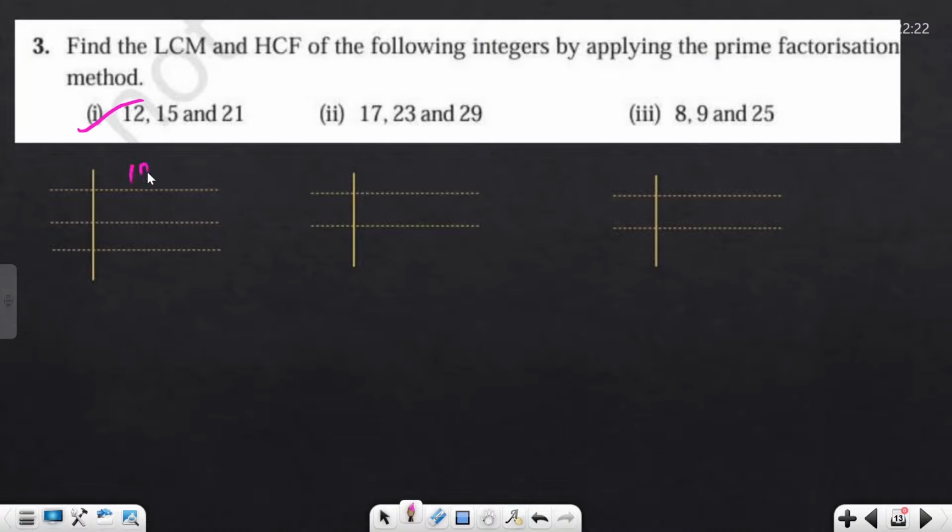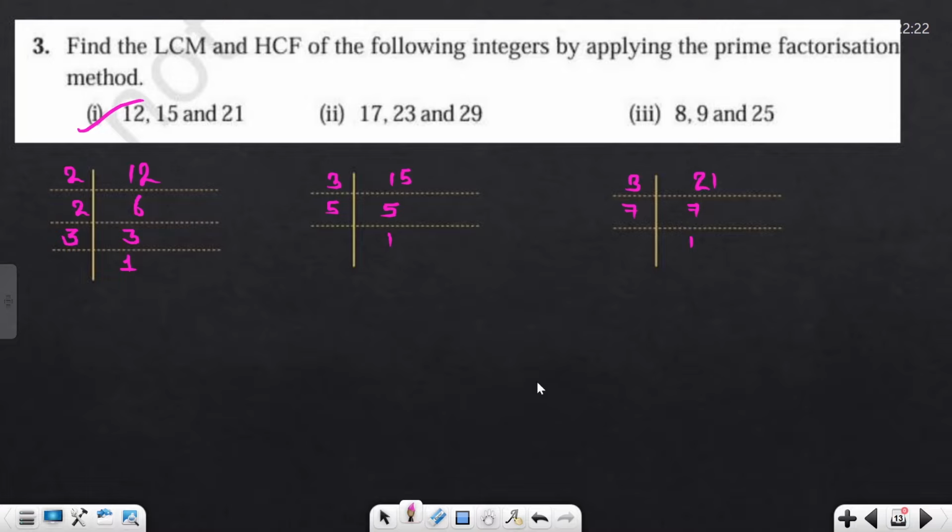First number is 12, second number is 15, third number is 21. 12 divided by 2 we get 6. 6 divided by 2 we get 3, and 3 divided by 3 we get 1. 15 divided by 3 we get 5. 5 divided by 5, 1. 21 divided by 3, 7, and 7 is a prime number, so 1.